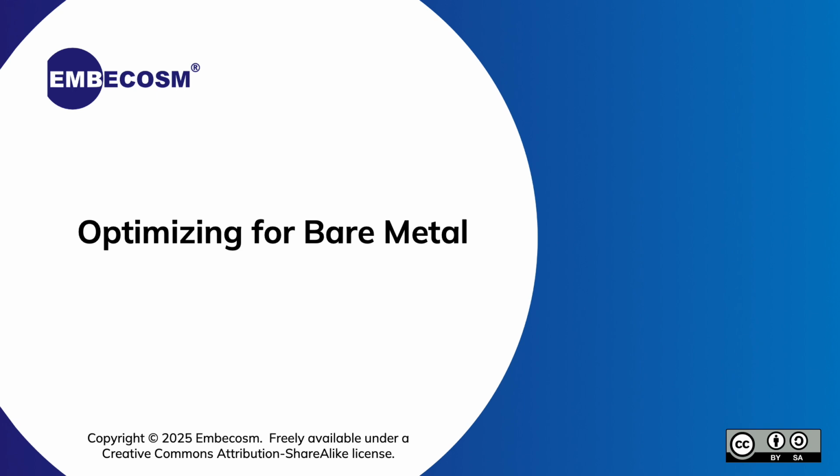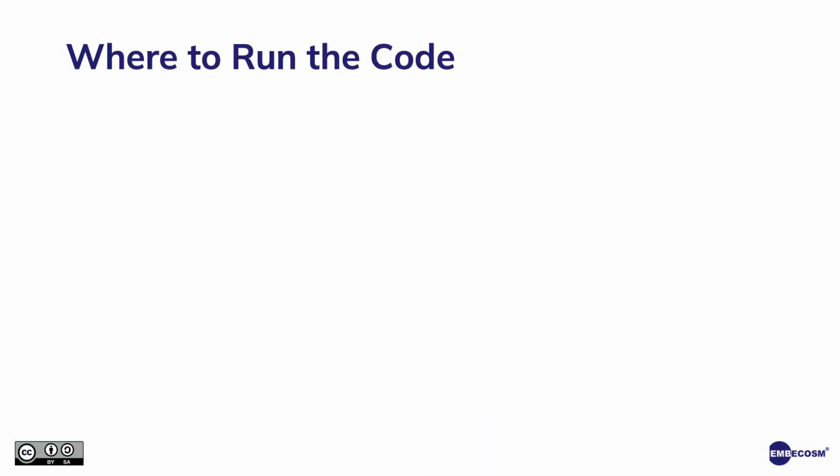So, optimizations. The first strategy to optimize is: where do we run the code? Given our hardware model, we classify every operation into three different categories so we can have the maximum efficiency.